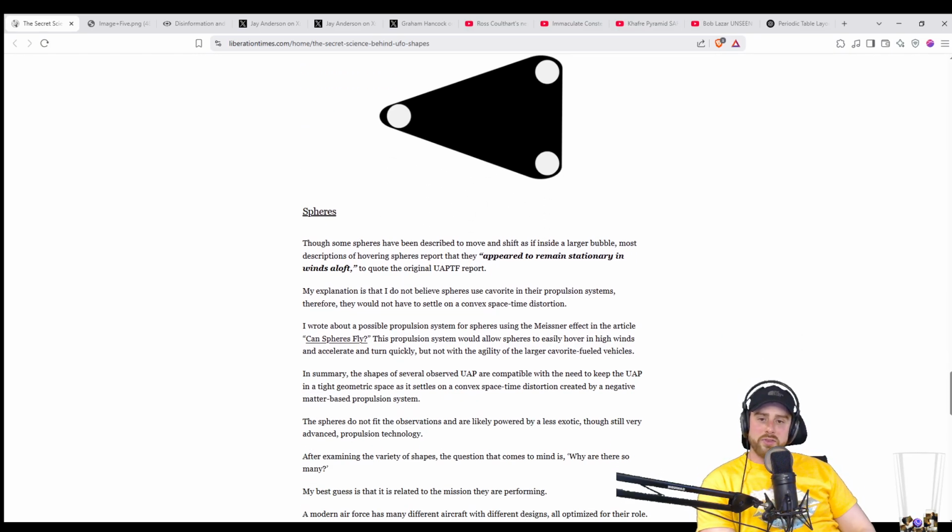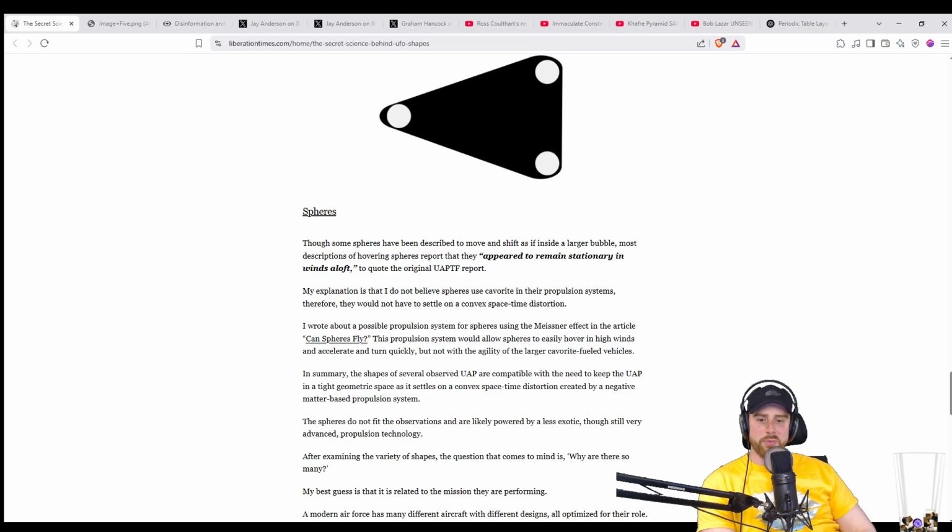Spheres. Though some spheres have been described to move and shift as if inside a large bubble, most descriptions of hovering spheres report that they appear to remain stationary in winds aloft, to quote the original UAPTF report. My explanation is that I do not believe spheres use cavorite in the propulsion systems, therefore they would not have to settle on a convex space-time distortion.